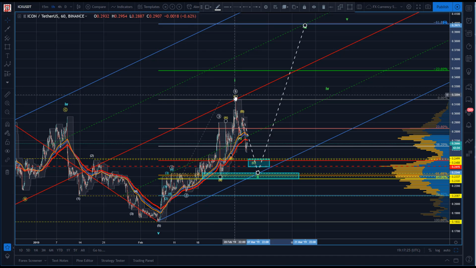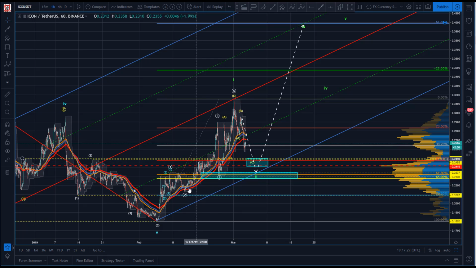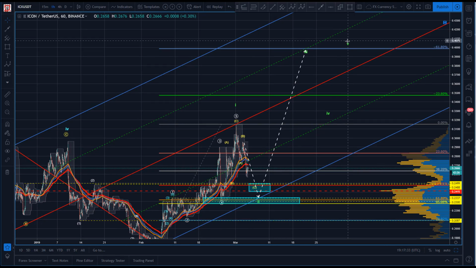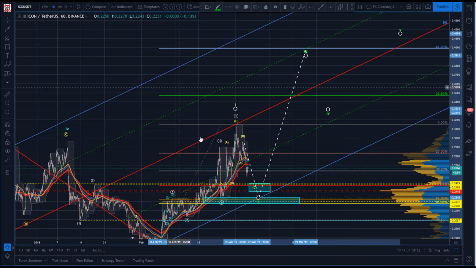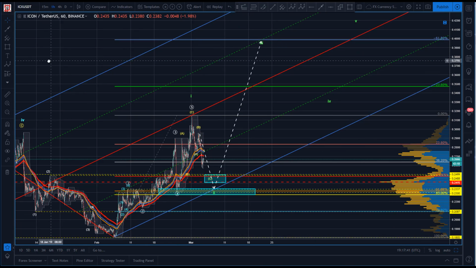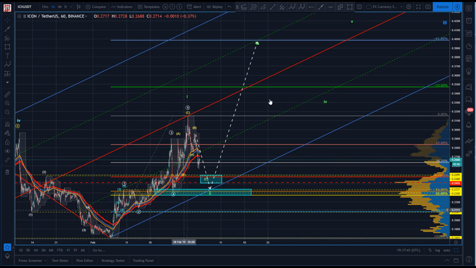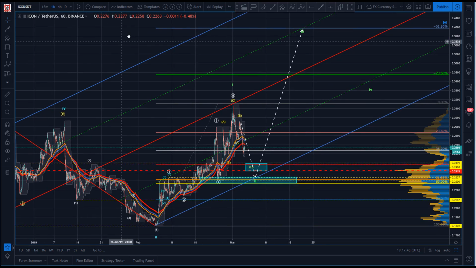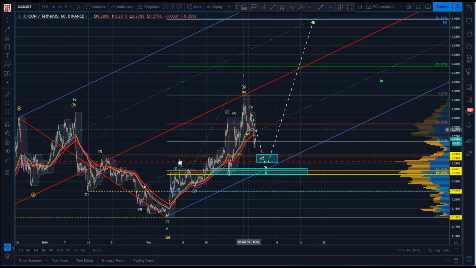So we have a motive wave here for a 1, but considering how far we've fallen, this could easily just be, if this completes and we go up and we get this 5th and we get a completed count here, likely just the 1 of the next degree higher. So long way to go if it's really gonna go here, but certainly good technical trading here.